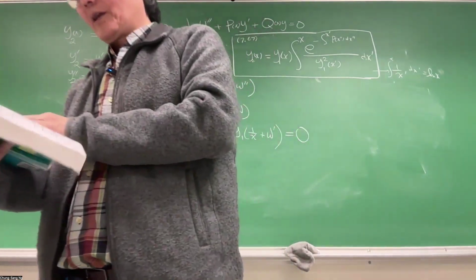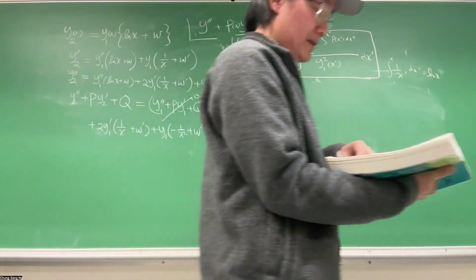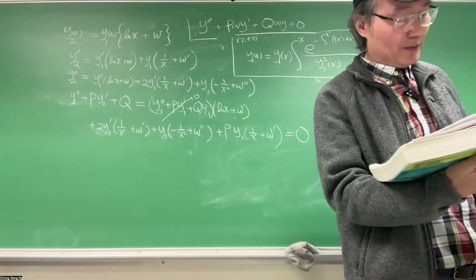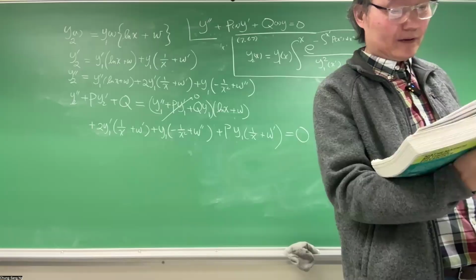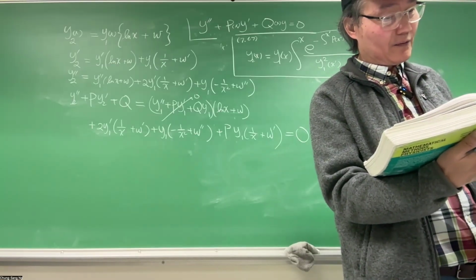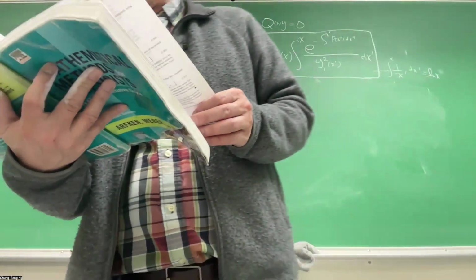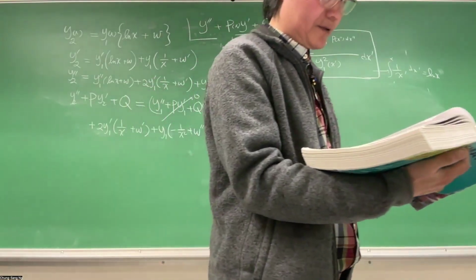Without doing any specific calculation, the textbook did have some calculations using j sub 0 and then solving for the second solution of j sub 0 and j sub 1, which gives what we call the Neumann function.